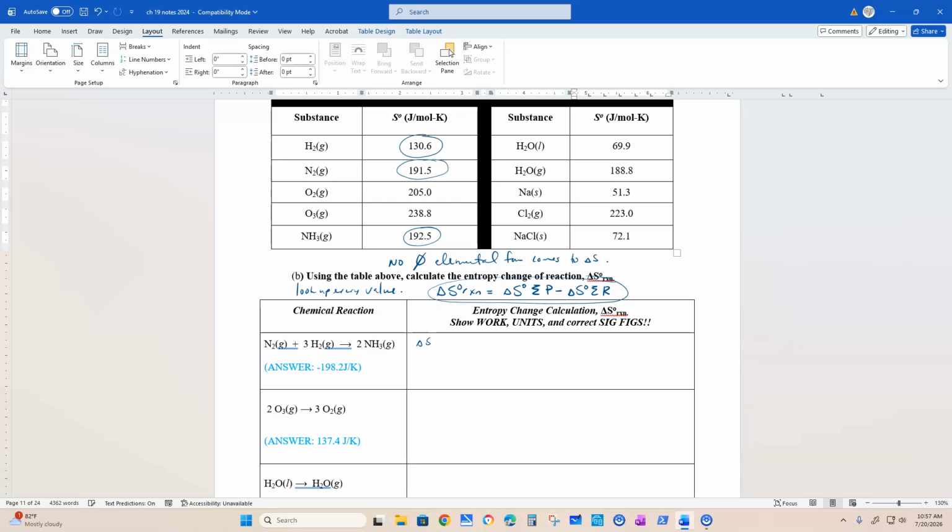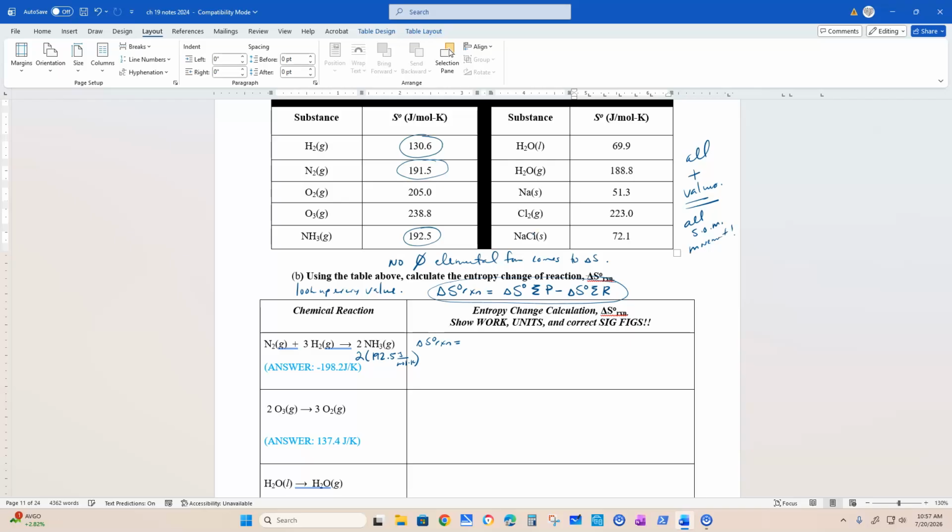So my delta S reaction: my one product, I have 2 times 192.5, and remember, this is joules per mole K. Notice all of these values are positive, because all states of matter have motion, have movement.